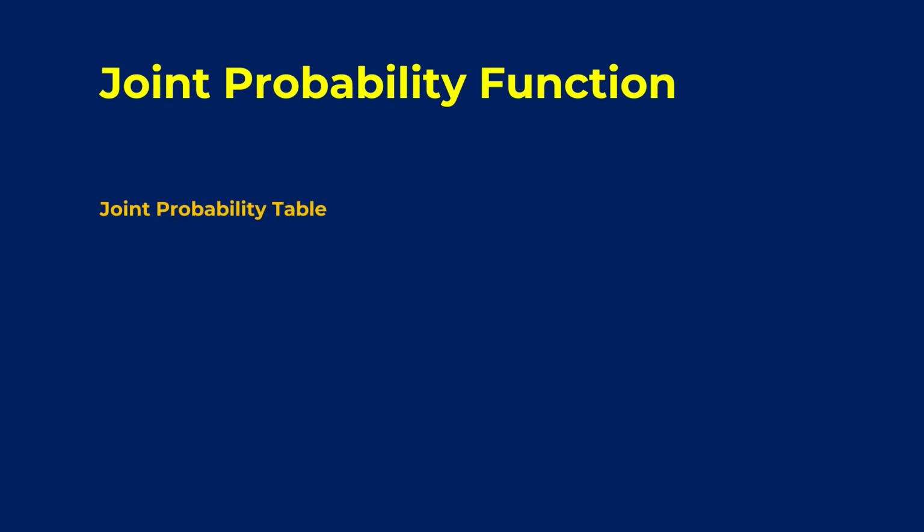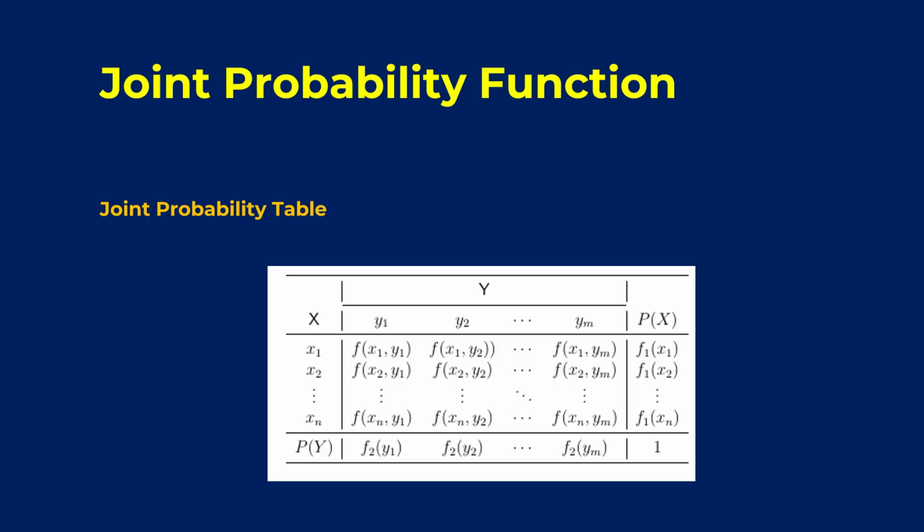Now there is another easier way to look at joint probability functions, and that is through joint probability tables. Here we have two random variables x and y, and these are the possible values that these random variables can take.